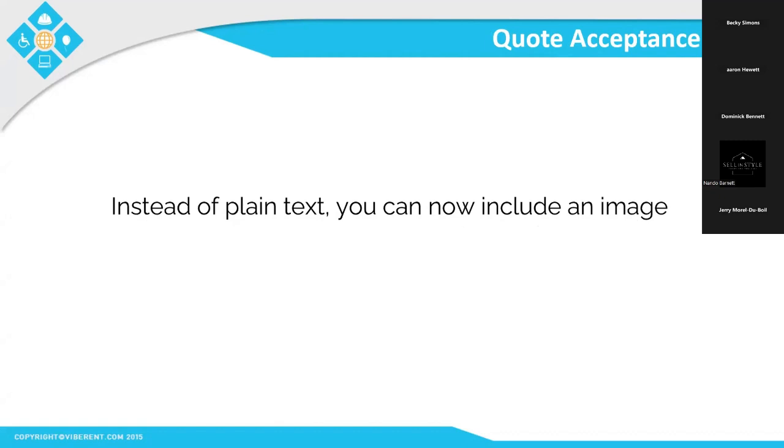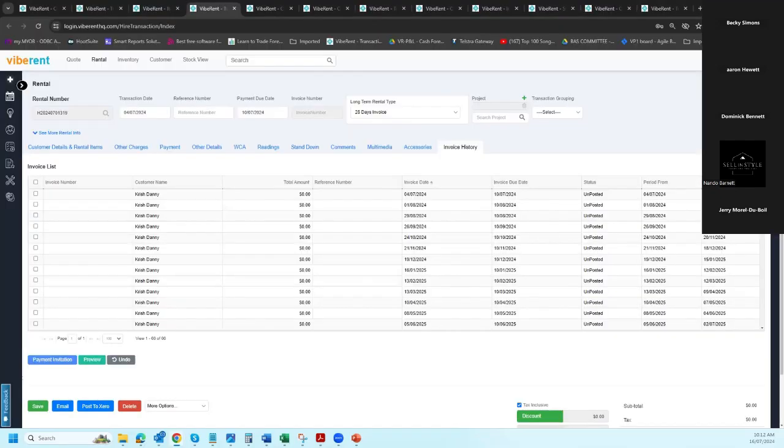Okay, quote acceptance image. Instead of plain text, you can now include an image. We go back to Viberent.